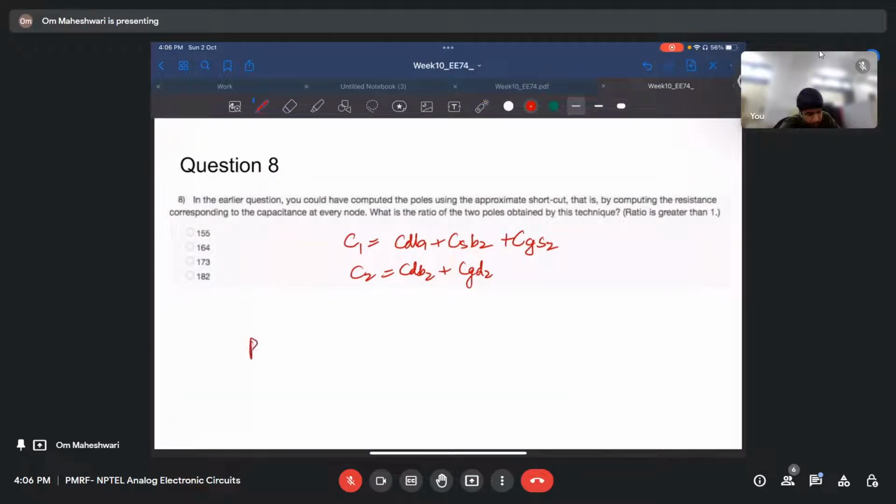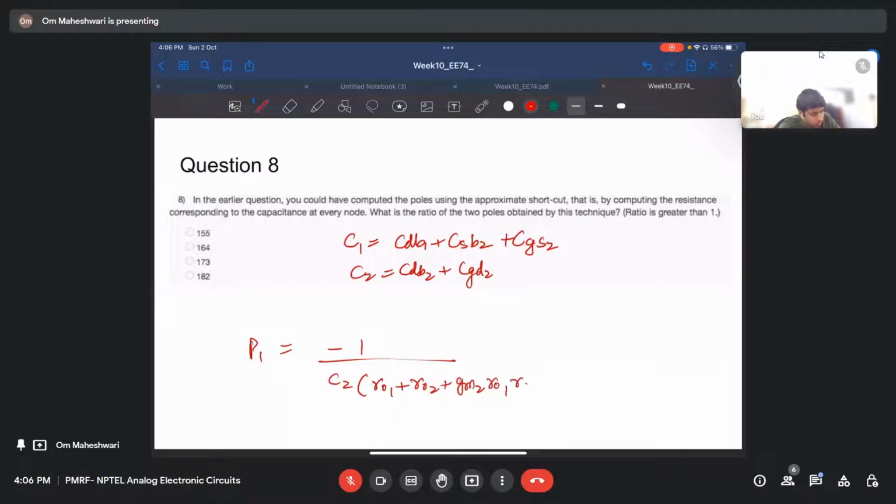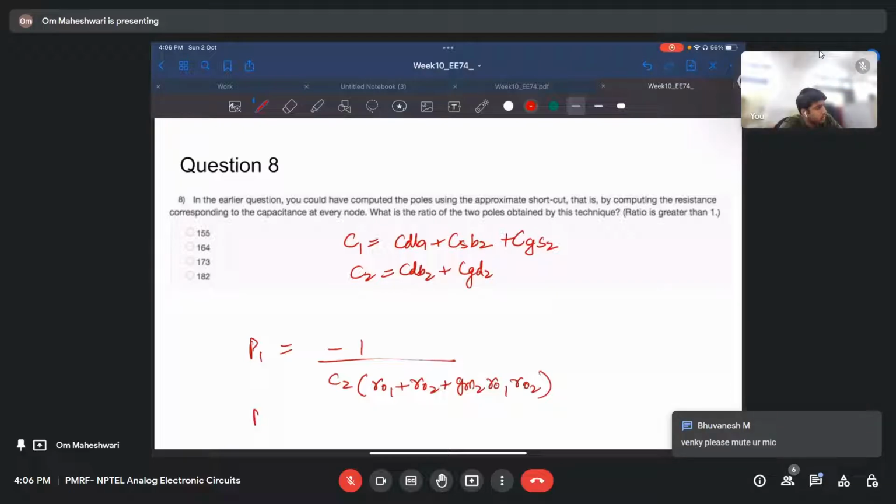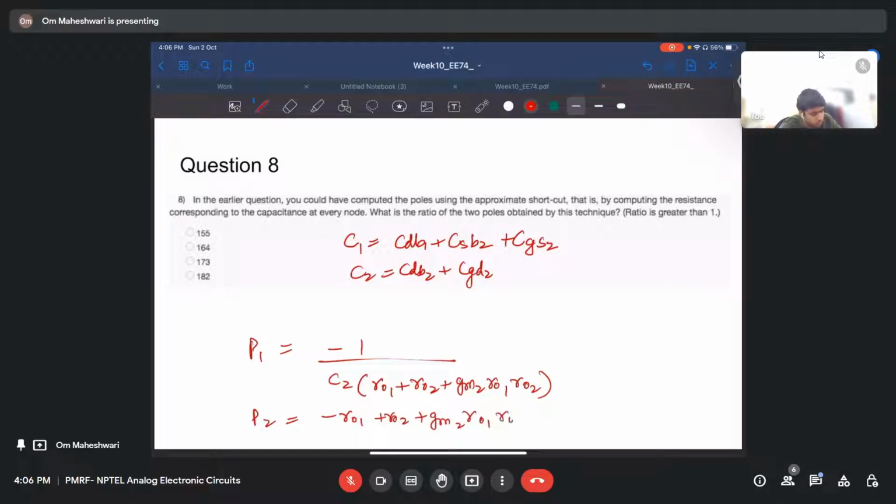So pole 1 equals minus 1 by C2 RO1 plus RO2 plus GM2 RO1 RO2, and P2 is minus (RO1 plus RO2 plus GM2 RO1 RO2).